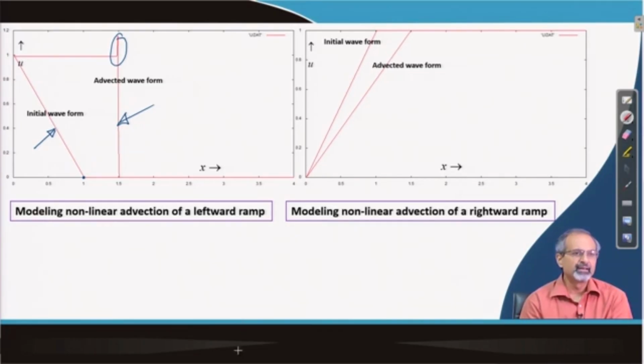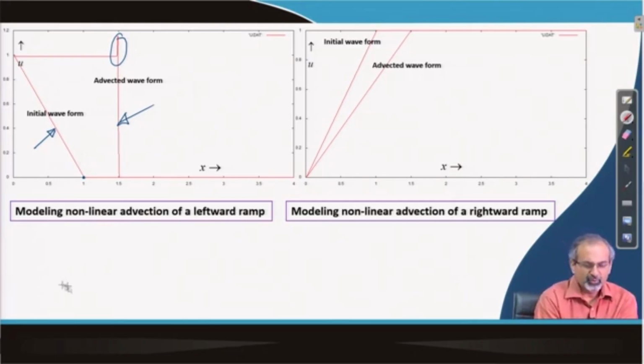Why is it happening? As we said, if you look at this problem from the point of view of characteristics, then in the characteristic space, how can you define it? At t equal to 0, you have vertical characteristics here, and you have sloping characteristics like this here, and in between the slope increases in the y direction. Why do you have it this way?